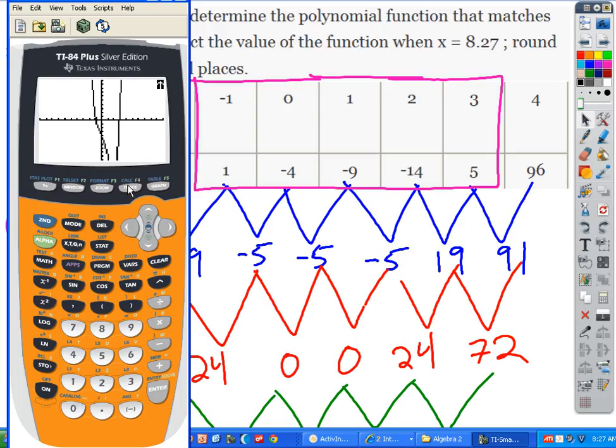As long as that's between x min and x max, it'll tell me the answer: 3449.1673. They want it to how many places? 4. Well, there it is. 3449.1673. It's a big number. To 4 places. Okay? Make sense?